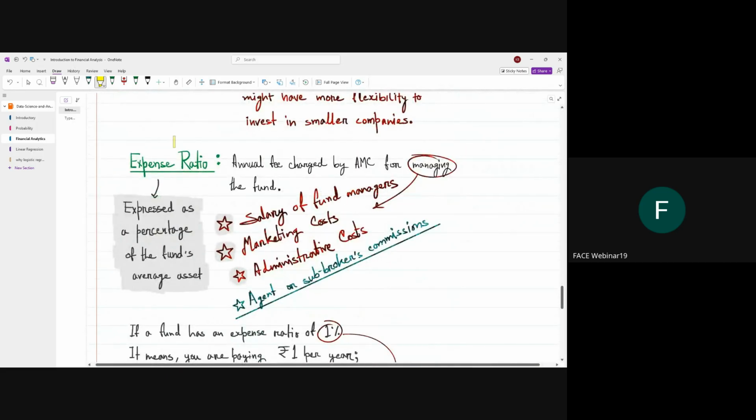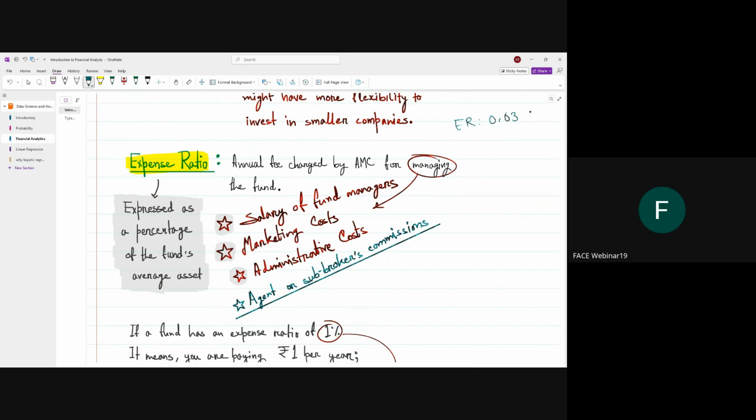Now, the second key term that we learned is expense ratio. I discussed it a bit. It is expressed as a percentage of the fund's assets. Whenever you're investing, say 500, to the fund, they mention this is our expense ratio, maybe 0.03 or 0.07 or something.